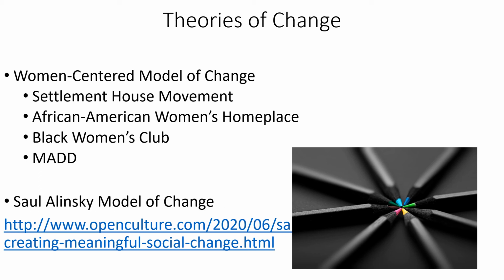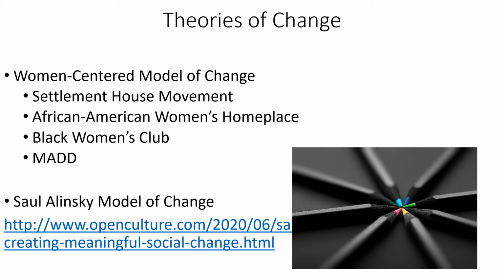This model assumes that humans are primarily self-interested, so the most effective way to get people involved in social action is to appeal to their self-interest. So this is kind of where the idea of what's in it for me comes from.